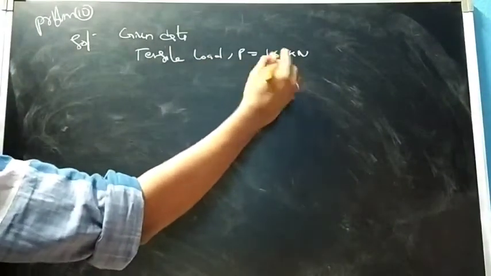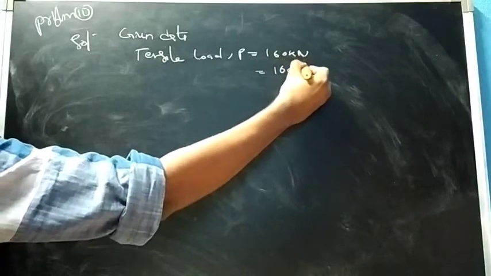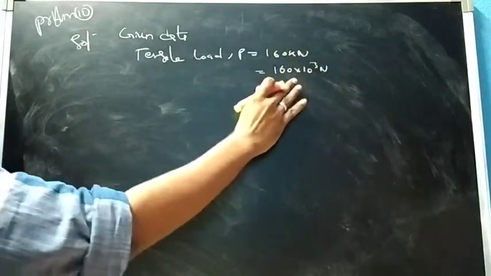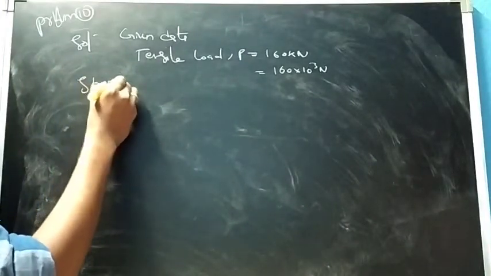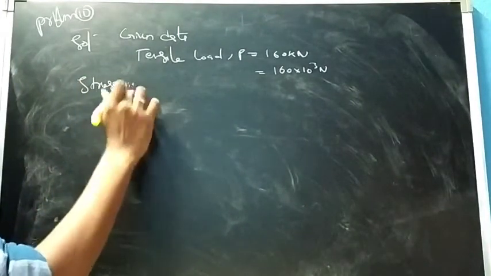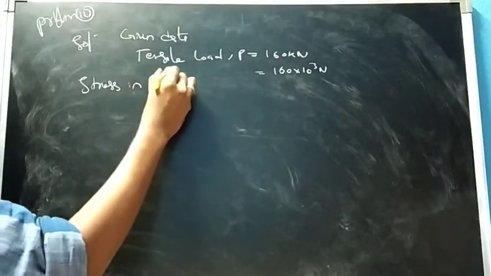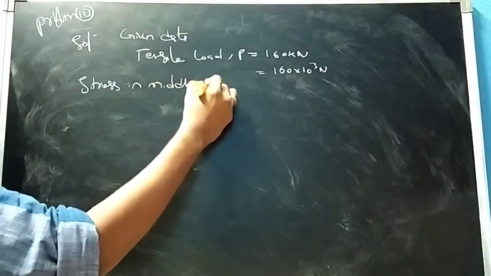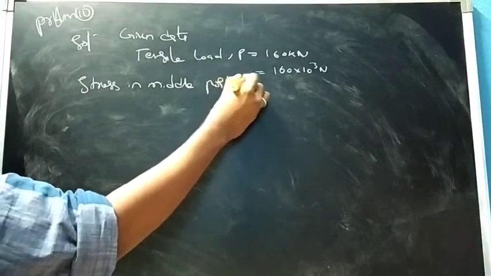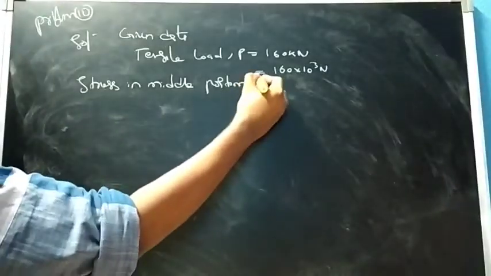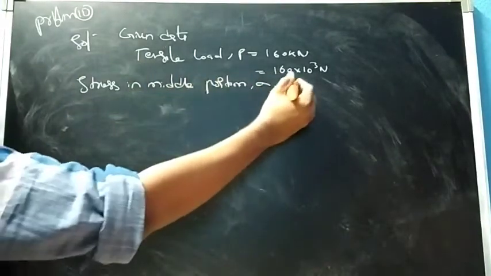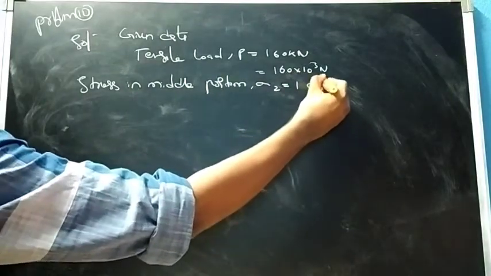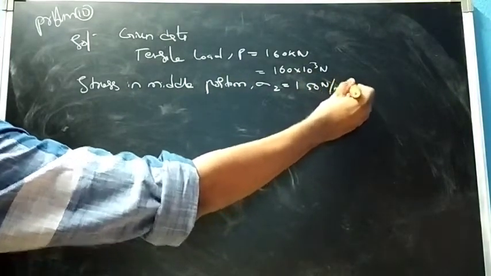So convert into newtons, that is 160 into 10 to the power of 3 Newton. Okay. Next, the stress is given, that is stress in middle portion, sigma 2 will be 150 Newton per mm square. Right?